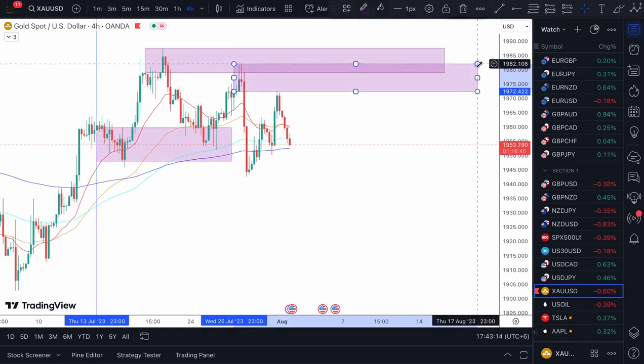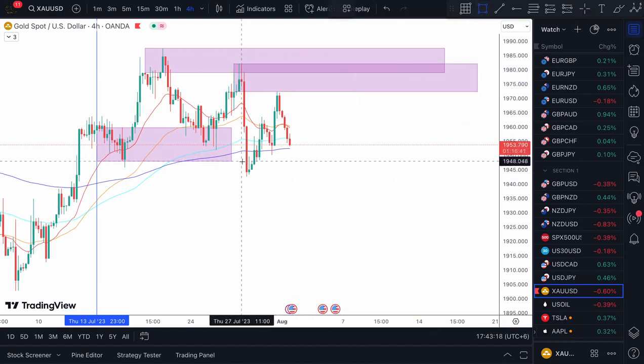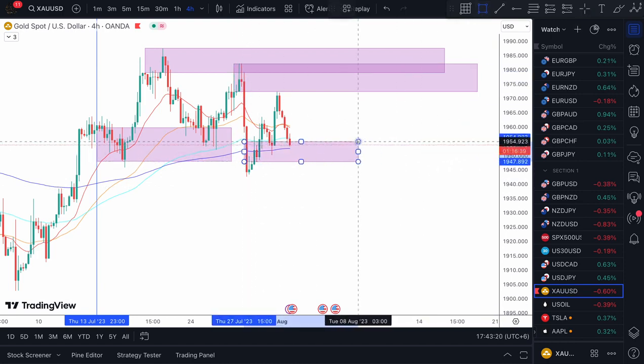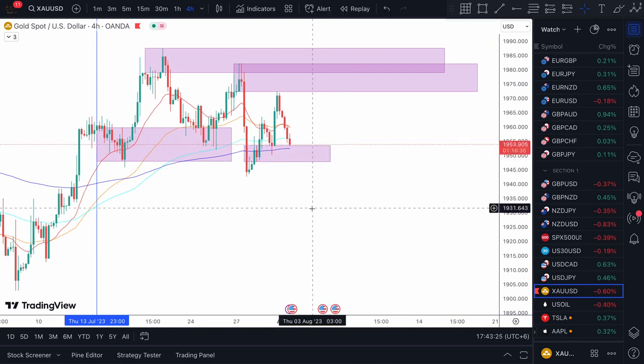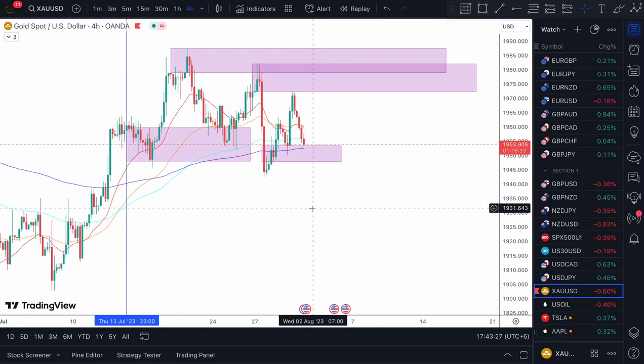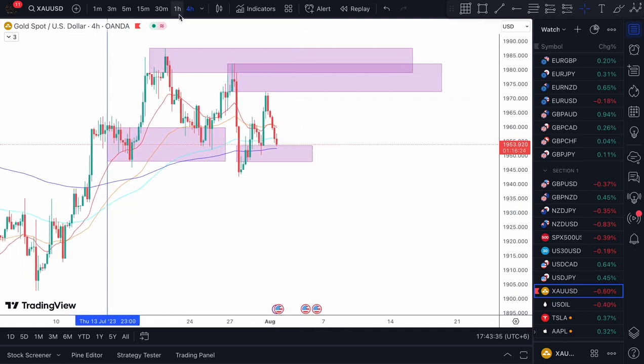That's the reason I'll take this zone. Okay, then I can see there is another zone here, and I believe you guys already know how to plot zones from my previous videos, or you can watch my free YouTube videos, basic videos, and that actually will help you to build a foundation. Okay, so yeah, now you can see I've plotted the zone.